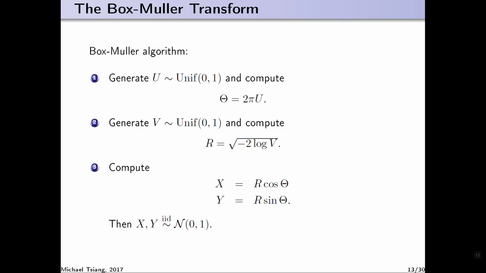We don't think about it. We just say, computer, give me the log of this, and it does it. But it actually requires a little bit of hard work for the computer. Same thing with taking the square root of something.